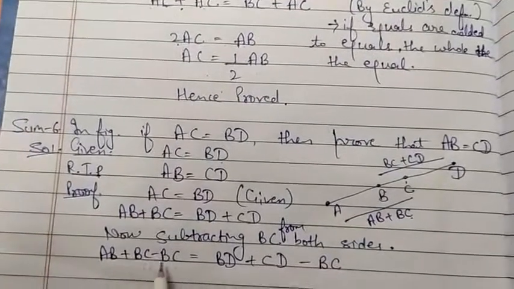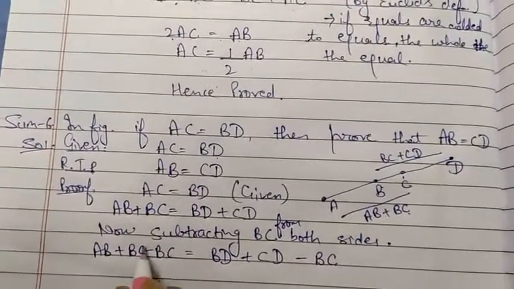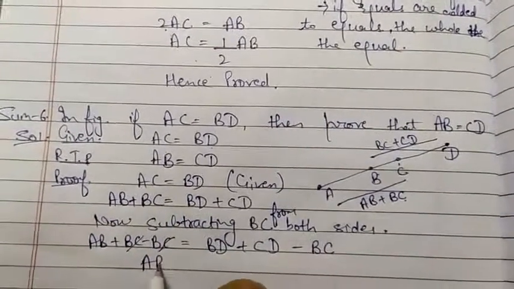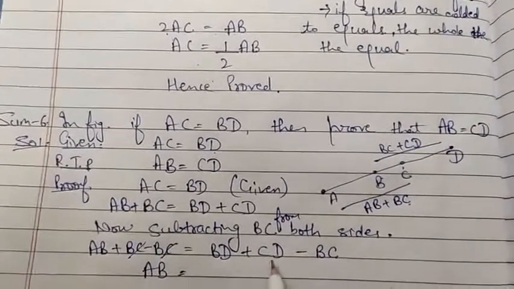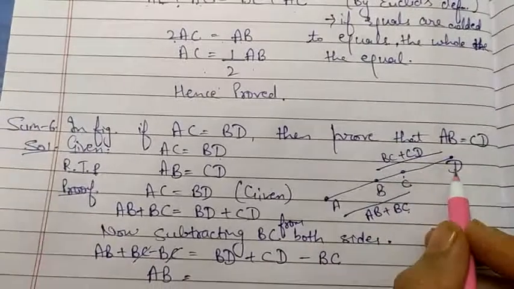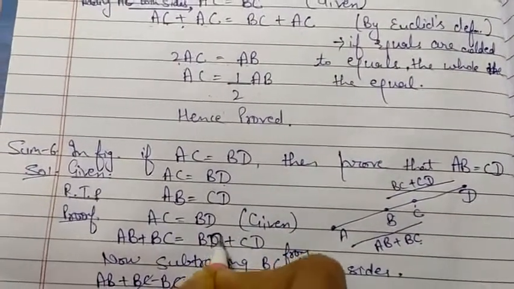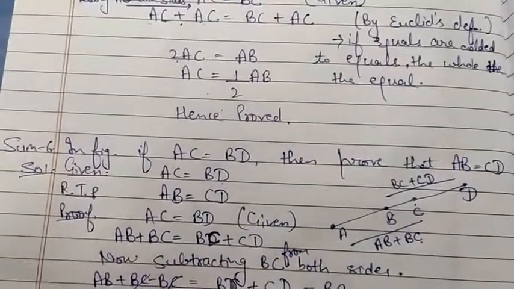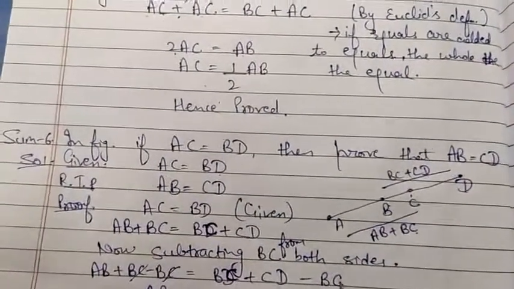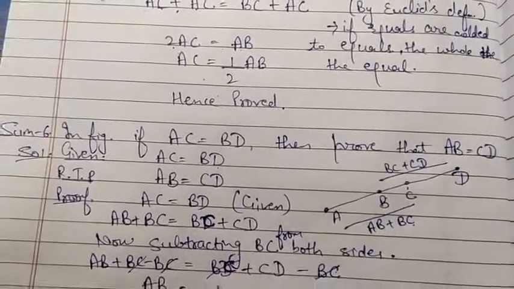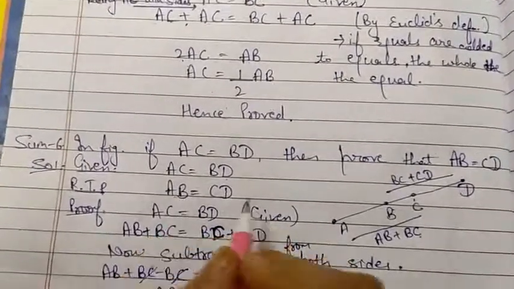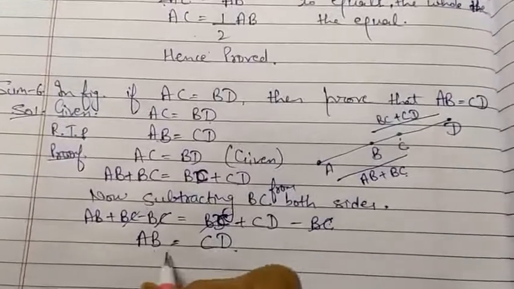So AB plus BC minus BC, that cancels out, what becomes AB. Here BC plus CD minus BC, BC minus BC cancels out, CD. So AB is equal to CD.